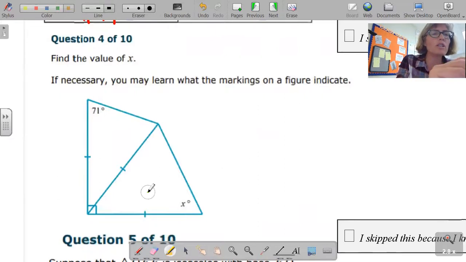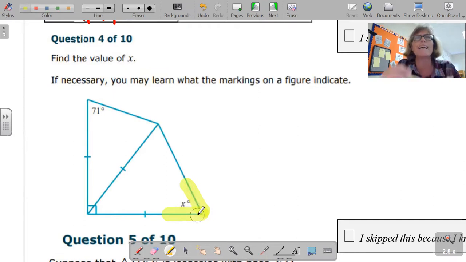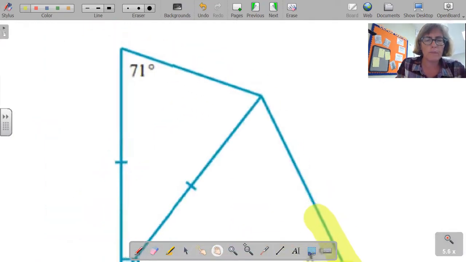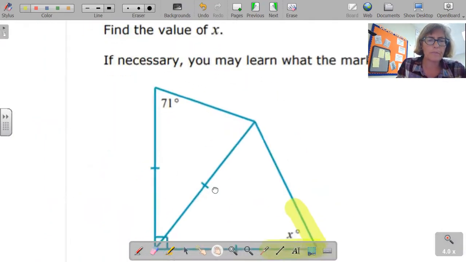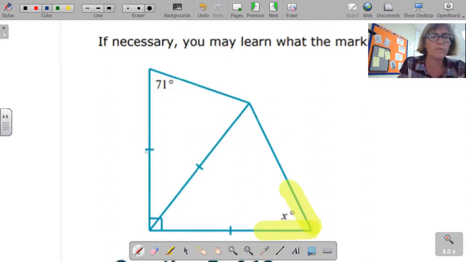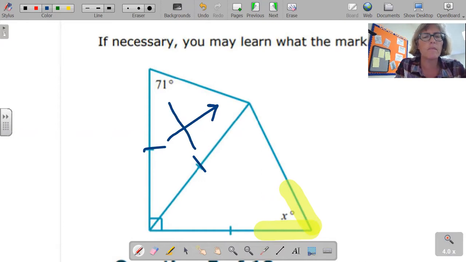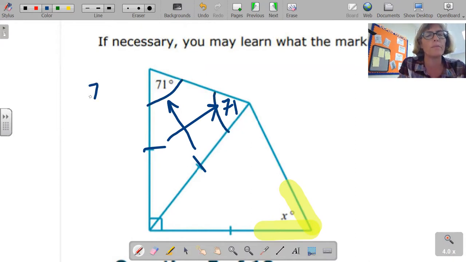It wants you to find just the value of x here, but as I've told you before, always just attempt to find everything possible, and then you'll just kind of stumble across the correct answer, which is x. So looking here, two equal sides, two equal angles. 71, that's 71.